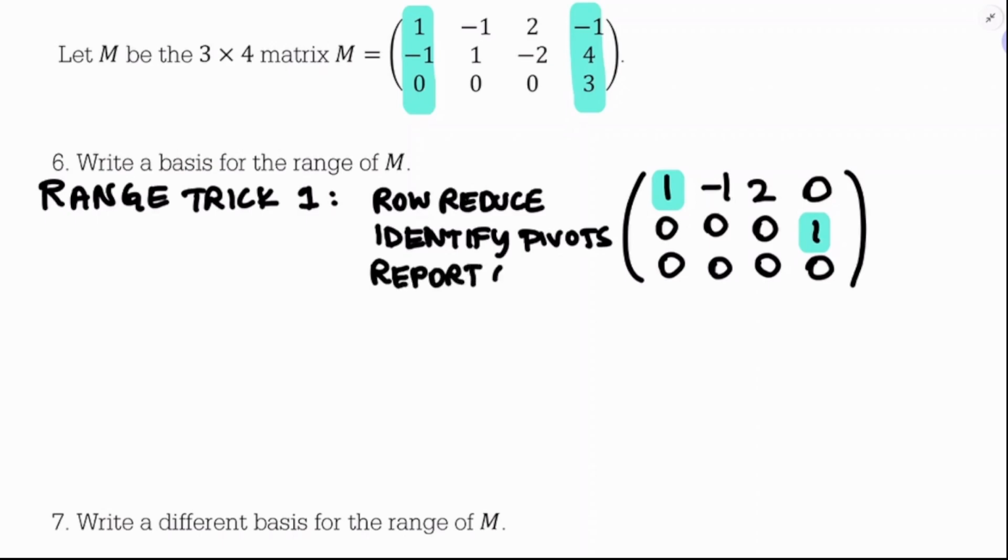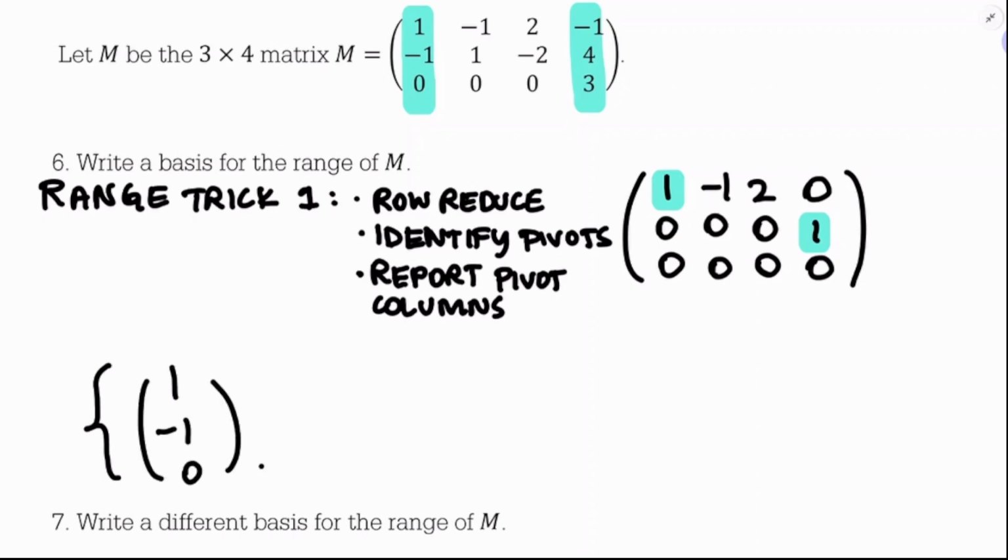Basically we're going to report pivot columns, and that'll form a basis for the range. So that would be 1, -1, and 0, along with -1, 4, and 3.